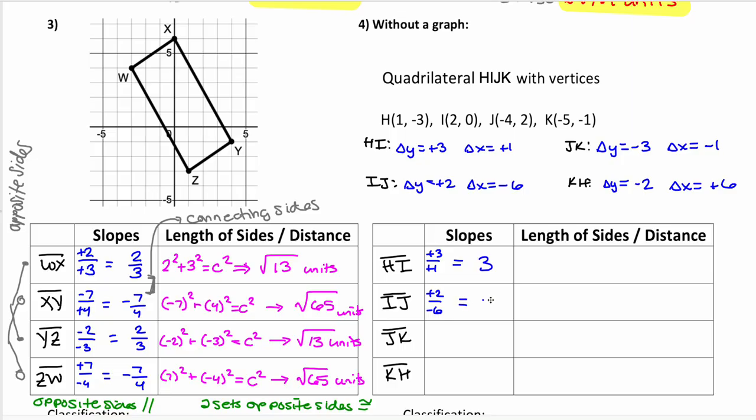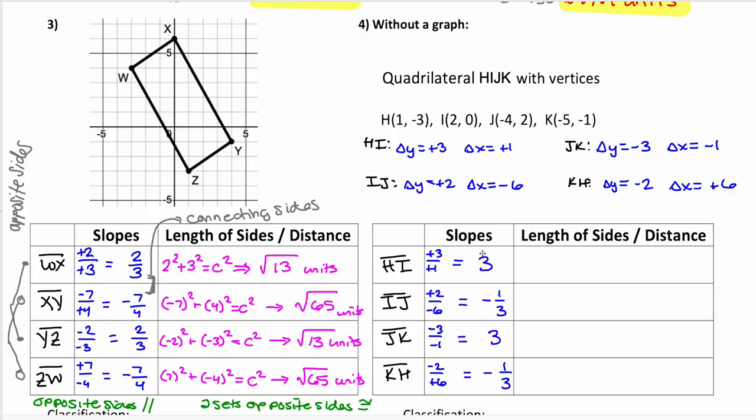That is -1/3. J to K, our change in y is -3 divided by our change in x is -1, and this becomes +3. For K to H, our change in y is -2 divided by our change in x is +6. -2 divided by +6 is -1/3.